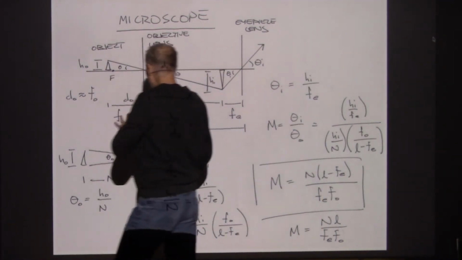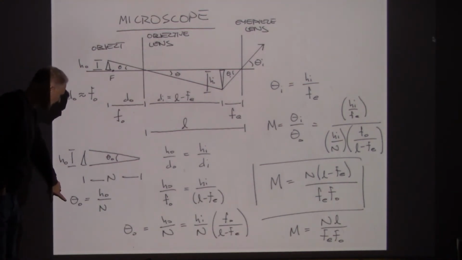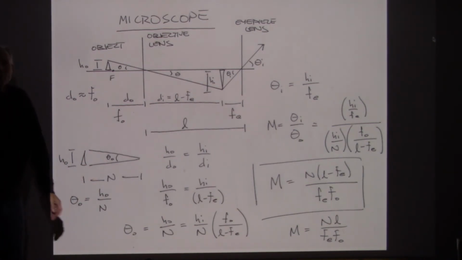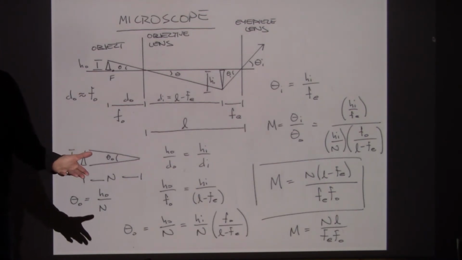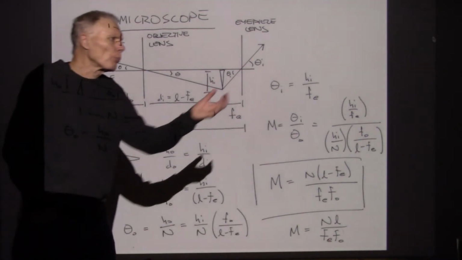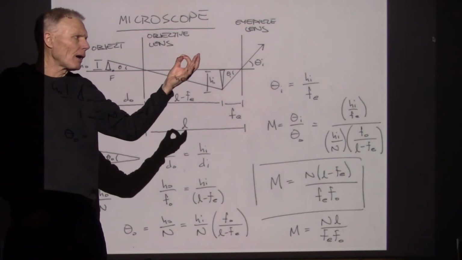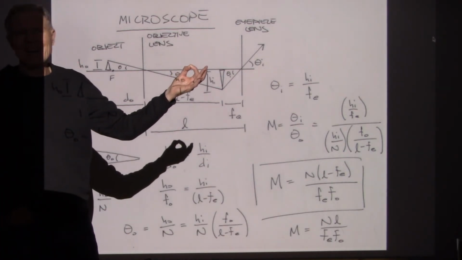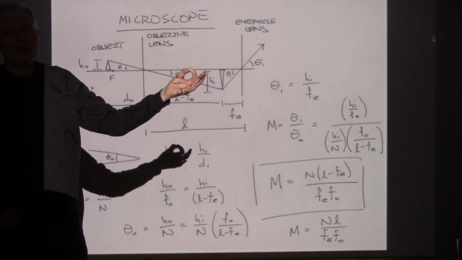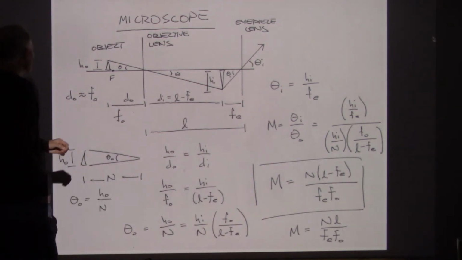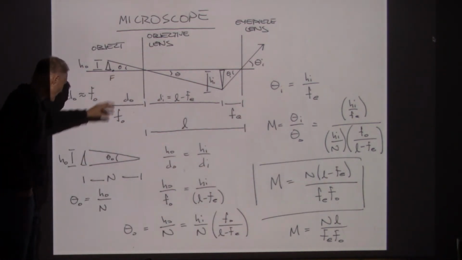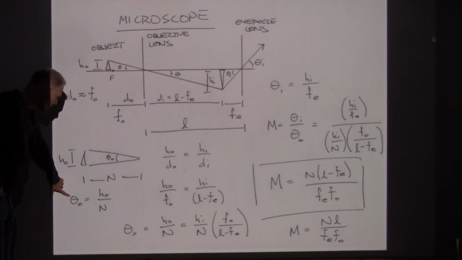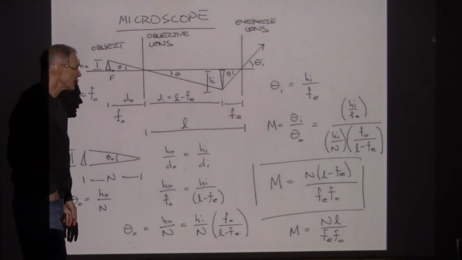Now, with a microscope, we are back to saying that our reference angular size is HO over N. So if I'm trying to look at something microscopic, but I'm not going to use a microscope, I can bring it this close to my eye, but I can't see it, right? Because it's microscopic. So what we can do is use the microscope here, but this is going to be the reference angular size in any case.